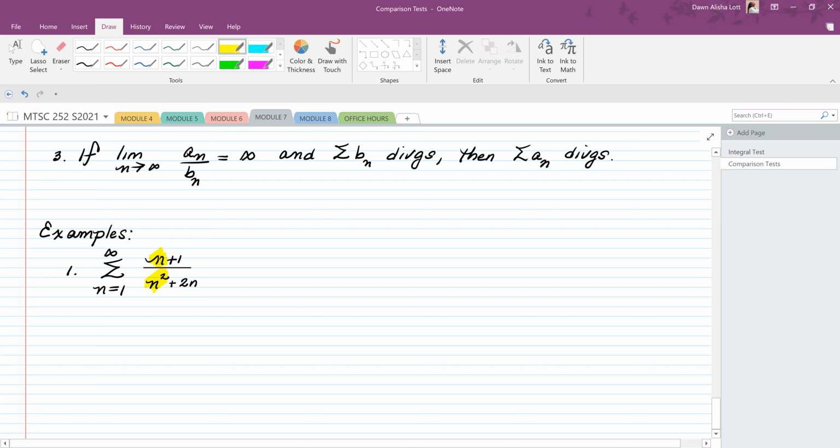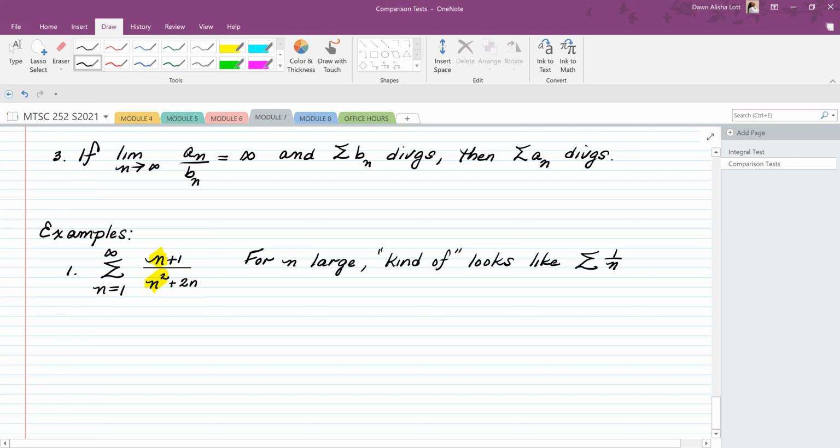So for n large, this kind of looks like the summation of n over n squared, which is 1 over n.